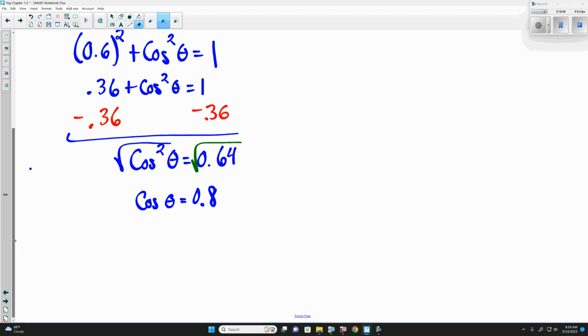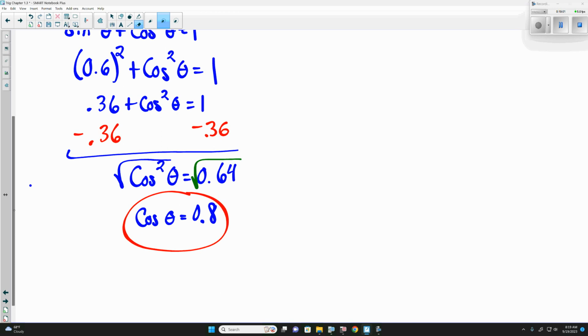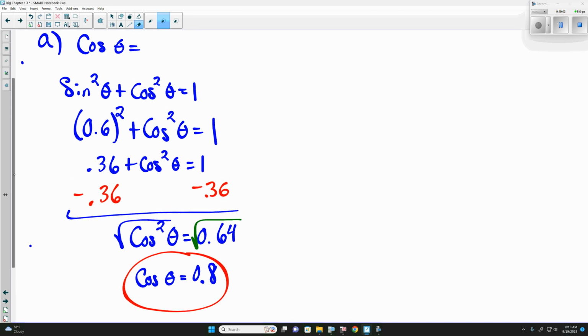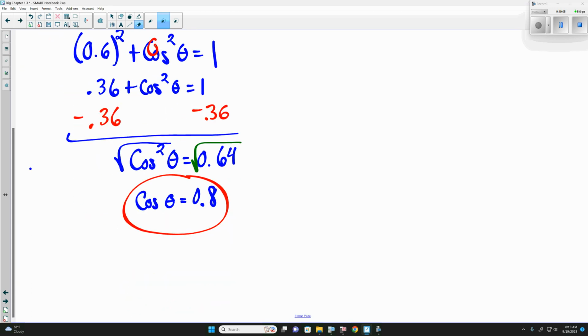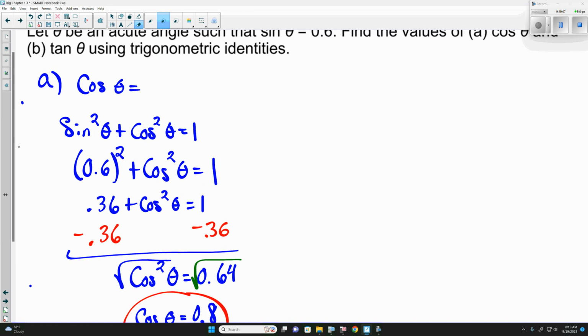Does that make sense? And that plus or minus case does come into play because it could be that based off our setup the positive case doesn't work but the negative does, or vice versa. Questions on this so far?